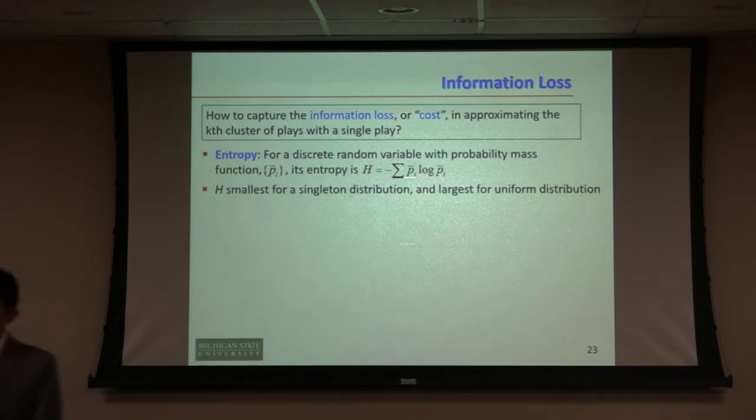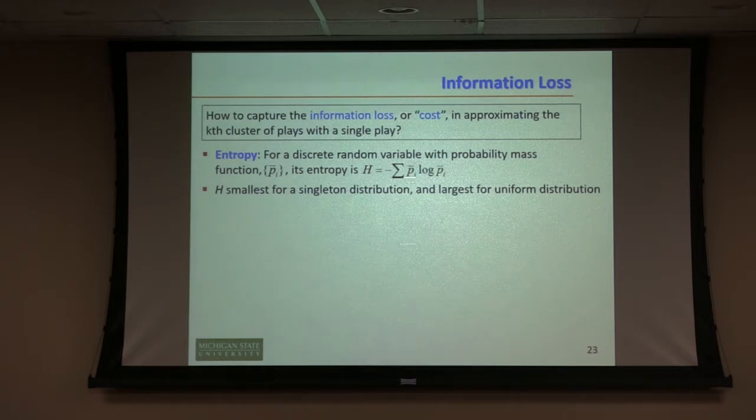More importantly, we know when the entropy is largest: when everybody has the same probability. When is it smallest? When there's only a deterministic outcome, one possibility with probability 1 and everybody else 0.